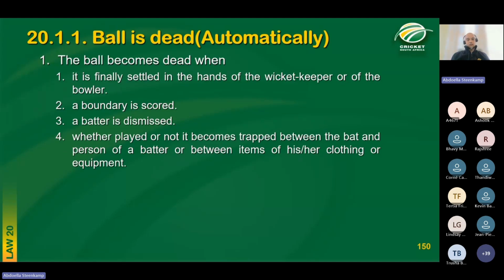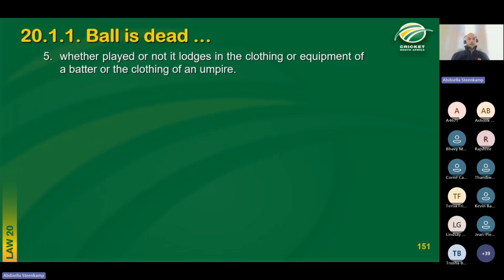The 4th instance where the ball automatically becomes dead is when it gets trapped between the bat and person of a batter, or gets trapped between items of the batter's clothing or equipment. When the ball lodges in the clothing or equipment of a batter or the clothing of an umpire, the ball automatically becomes dead.